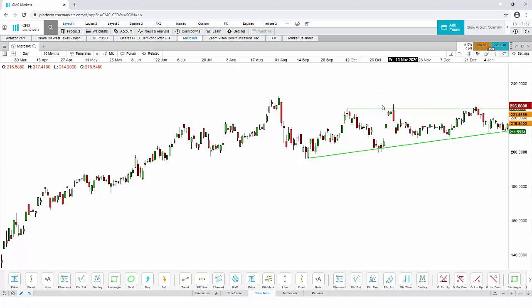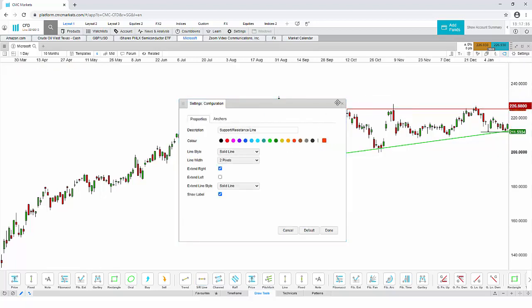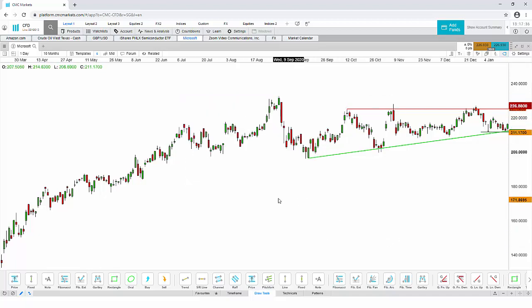Let me put this in red, at the level close to 226.88. If we do a proper reward risk ratio calculation, it's not too bad, about 2:1. So we could take a potential exit here as my exit target for this short-term trade setup.